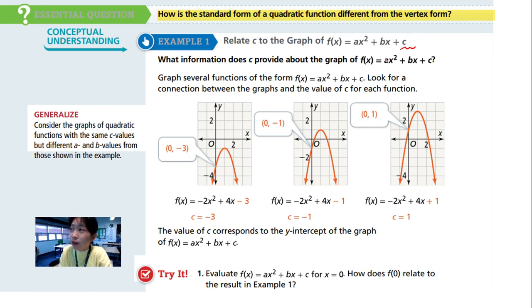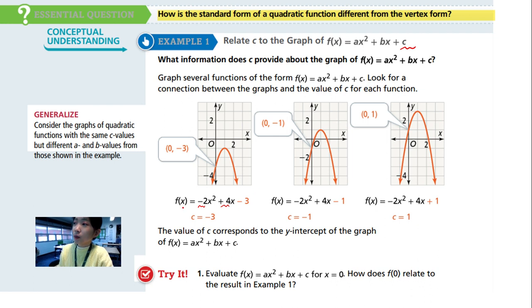You're going to graph several functions of the same form, and look for a connection between the graphs and the value of c for each function. So we're going to do the same thing as we did previously. We're going to have the same a and b, but now we're going to have different values for c so that we see how c affects the graph of parabolas, right?